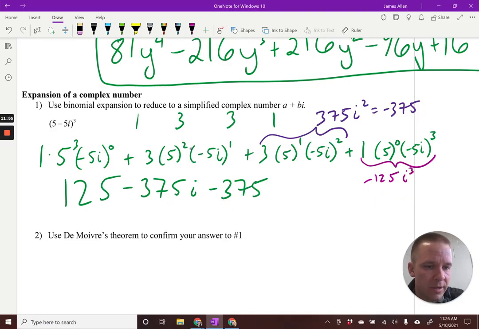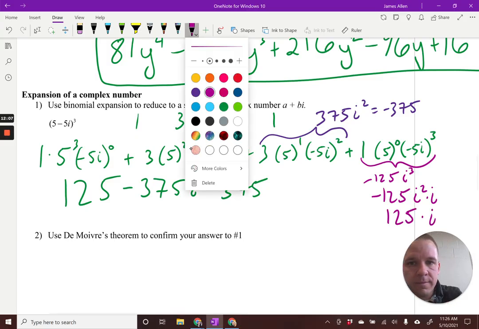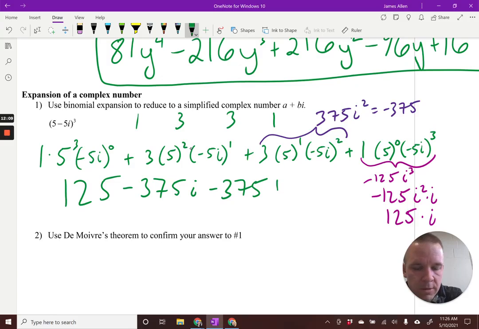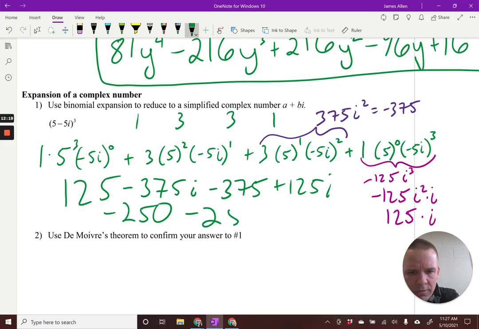Let me backtrack that for you guys just in case you're like, wait, what? 125, and we have i squared times i if we want to break it apart that way. So that would become positive 125 because i squared is negative 1, times i. So plus 125i. Now I can combine some things, right? So I'm going to have, looks like, negative 250 minus 250i.